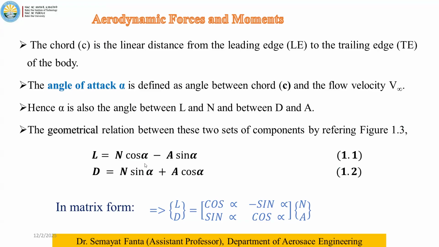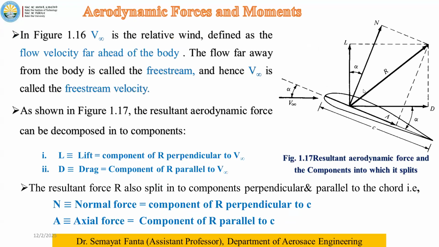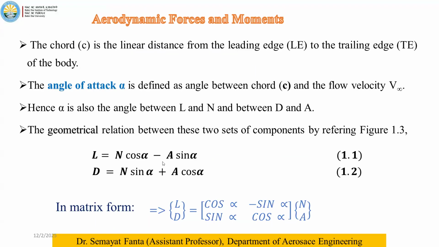So when we resolve it, the lift and drag components of the force are related with cos alpha. This alpha is called the angle of attack. We already discussed angle of attack in most of our earlier lectures. The angle of attack alpha is the angle created between the chord line and the flow velocity direction.